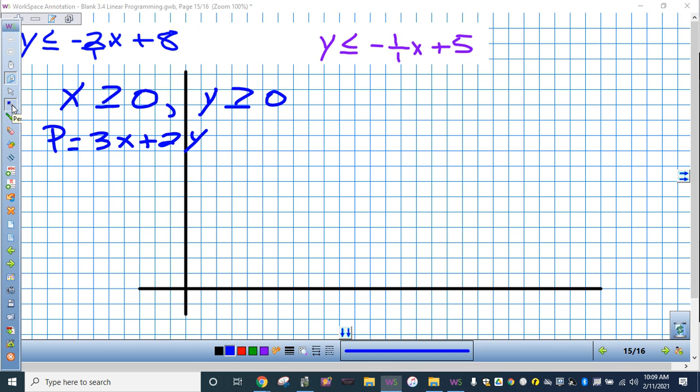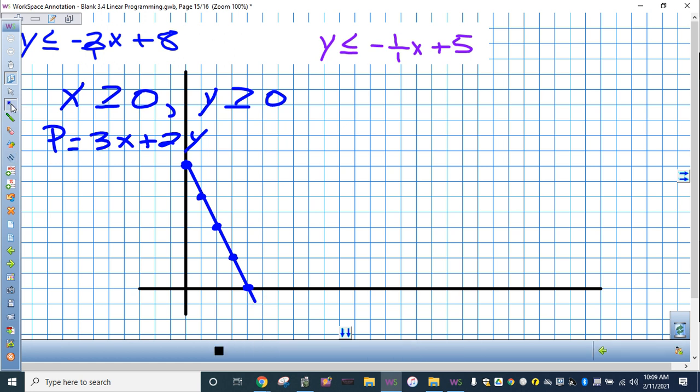And we'll do the blue equation in blue. Start at 8, and then I go down 2, right 1. And like I told you, I'll always count it all the way down to the x-axis. So that equation is less than, which means we're going to shade in the corner of quadrant 1 so far.